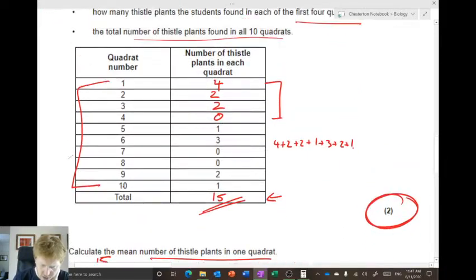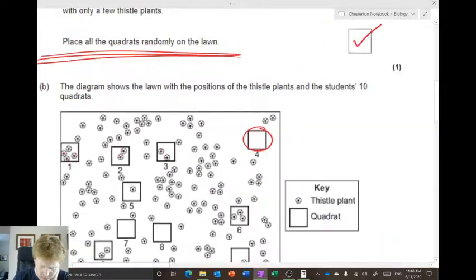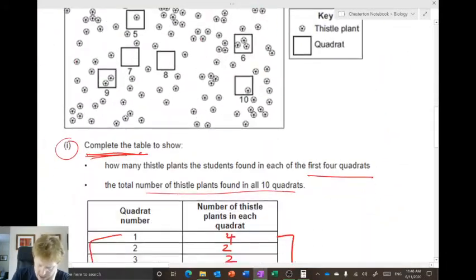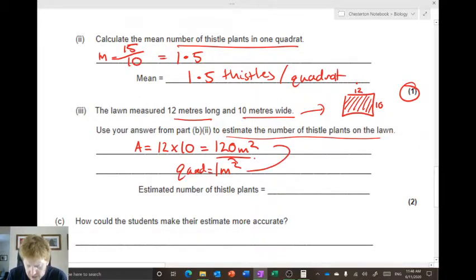Okay, so we've got 120 meters squared of lawn, and what do we have? We have a quadrat, which is 1 meter squared, wasn't it? Was it 1 by 1 meter? Yeah. So how many 1 meter squared quadrats would fit in 120 meters squared? It's 120 divided by 1, it's 120, right?